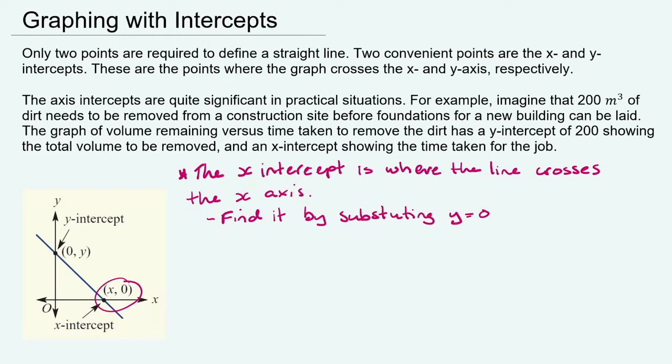Now the y-intercept is very, very similar. The y-intercept is the point where the line crosses the y-axis.